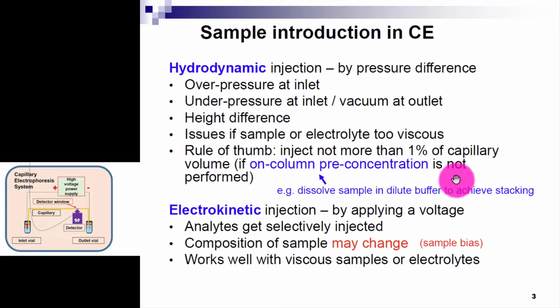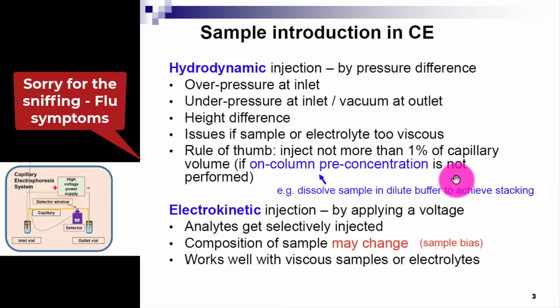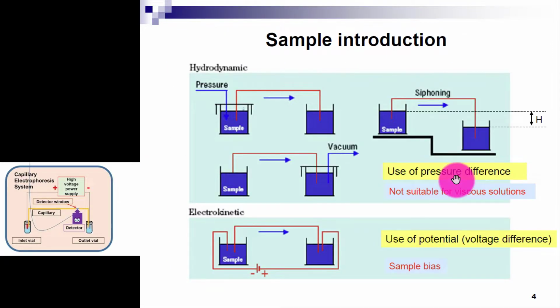Voltage is then applied for a measured time, causing the sample to enter the capillary by a combination of ionic migration and electroosmotic flow. The capillary end and the electrode are then returned to the regular buffer solution for the duration of the separation. This technique discriminates by injecting larger amounts of the more mobile ions relative to the slower moving ions. That's why there's a bias.